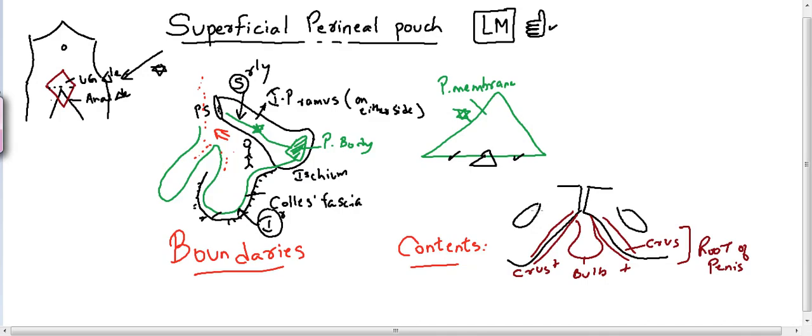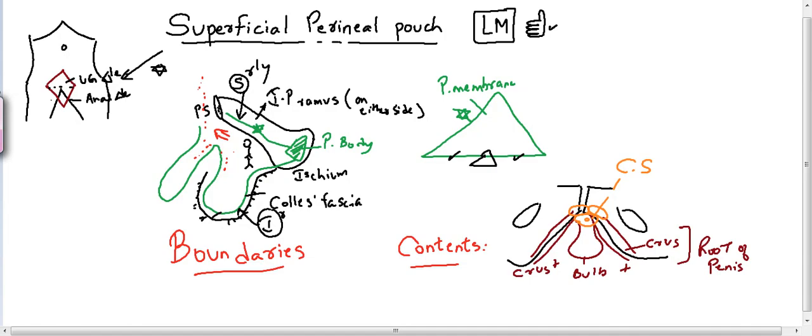Within this, it is made up of two corpora cavernosa and one corpus spongiosum. That is a spongy body. What I am trying to tell is, within this bulb of the penis, the urethra will travel. There will be a spongy body. We call it as corpus spongiosum. Within this two cavernous tissues will be there.